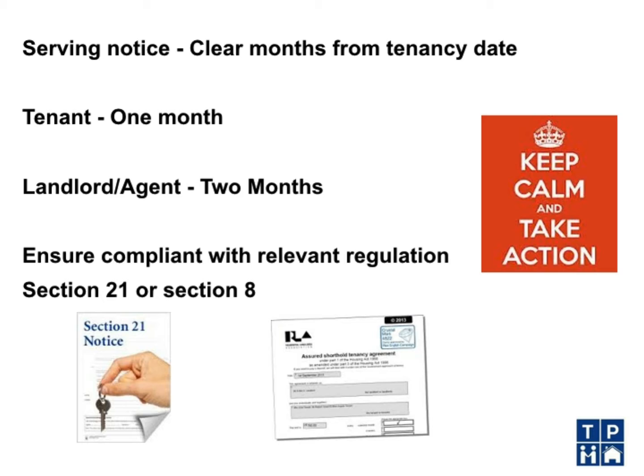So you can't serve the notice on the 10th and say that that's given them 2 clear months, because they could quite rightly argue in court that they didn't get 2 clear months because they didn't receive the notice until after the date had passed of the start of the tenancy. So please make sure that you give them sufficient notice.